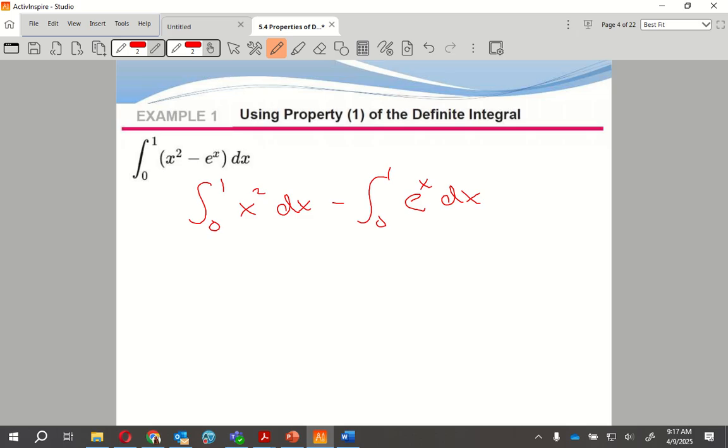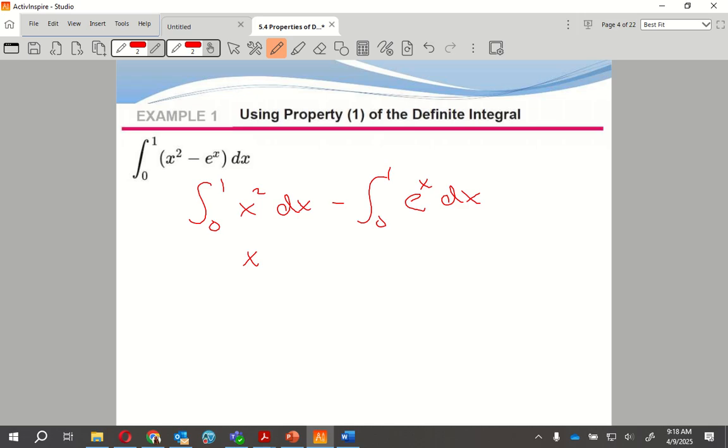Let's integrate x squared. Integration is the opposite of derivative. With the derivative, the exponent goes out front, and then I subtract 1 from the exponent.